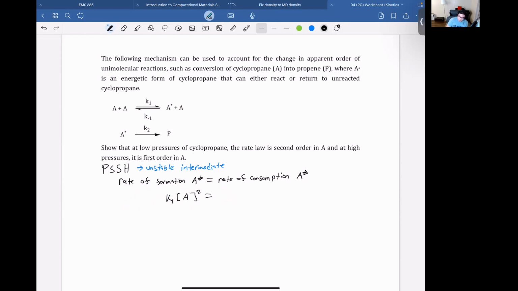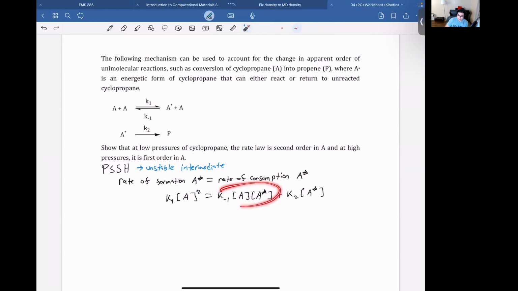So the first one going backwards is K minus 1 times the concentration of A times the concentration of A star plus K2 times the concentration of just A star.